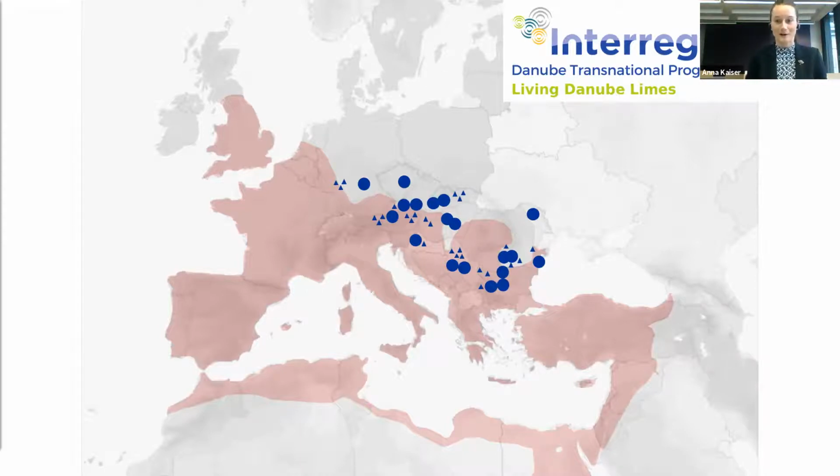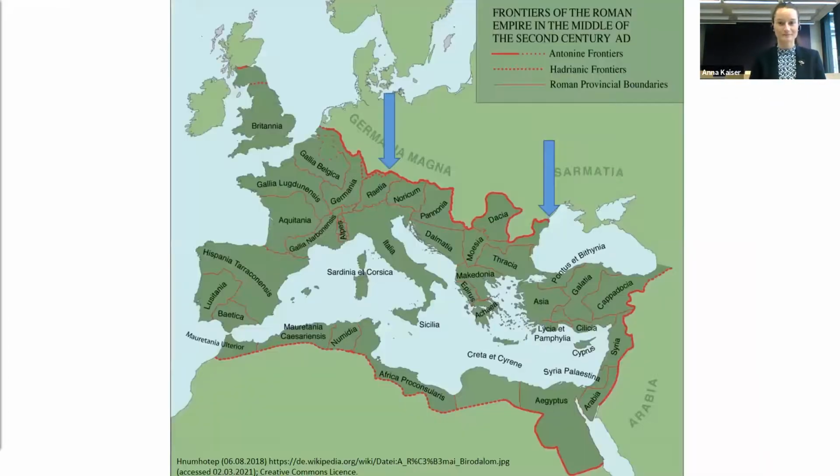So, that's enough of technical details of our Living Danube Limes project. Now back to content and what we'd like to achieve. Once again, back to the map we already know. We have the Danube of about 2,850 kilometers of length.